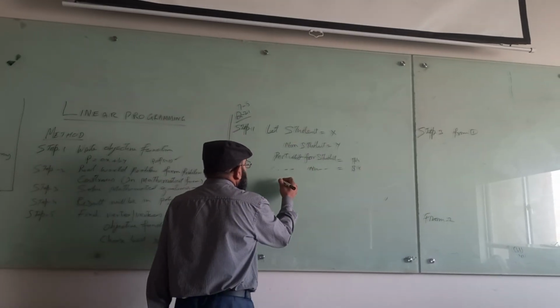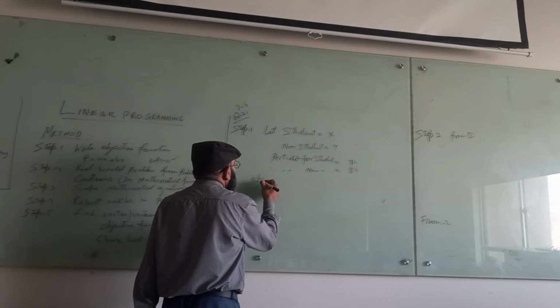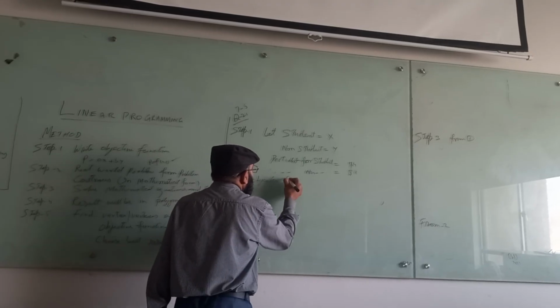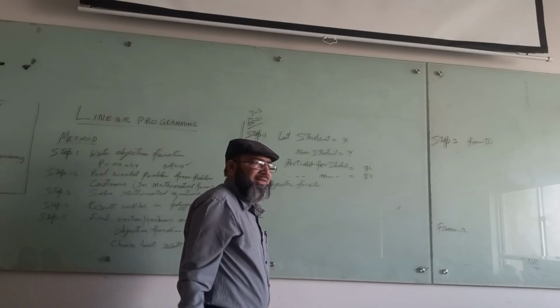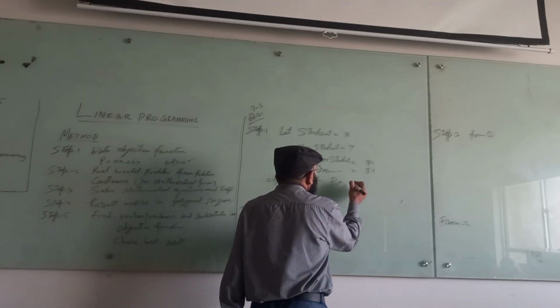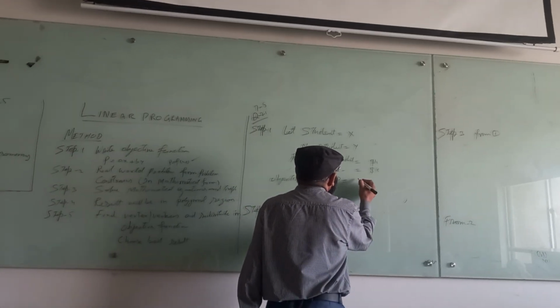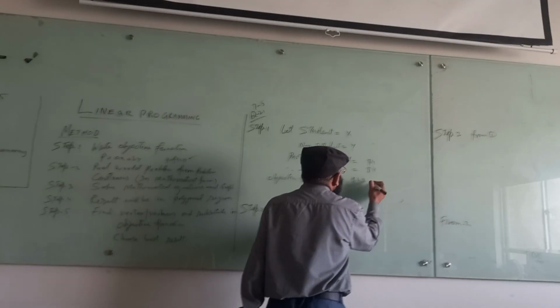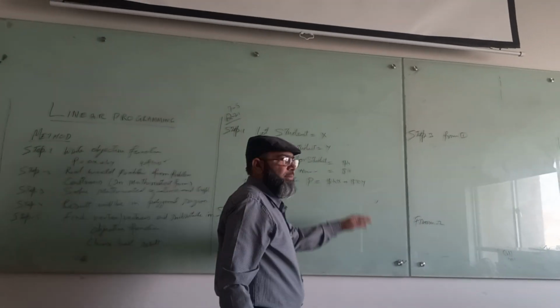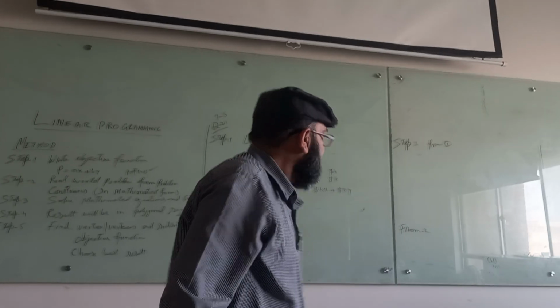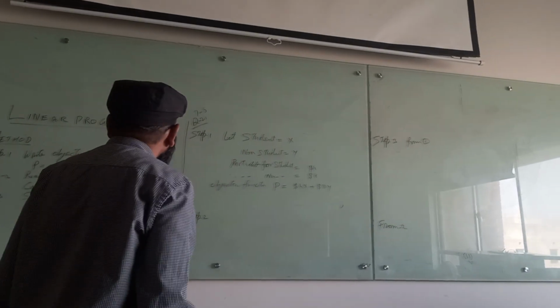Now the objective is profit, so P is equal to $4x plus $8y. These are two variables, x and y, student and non-student.